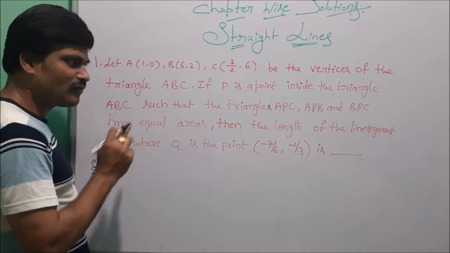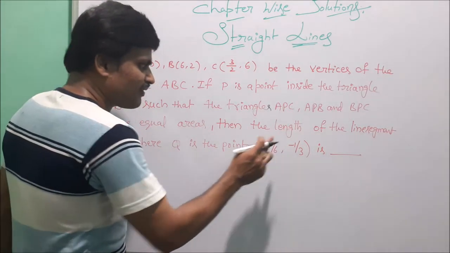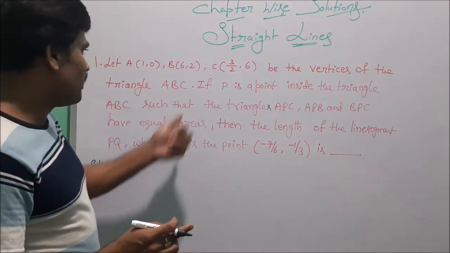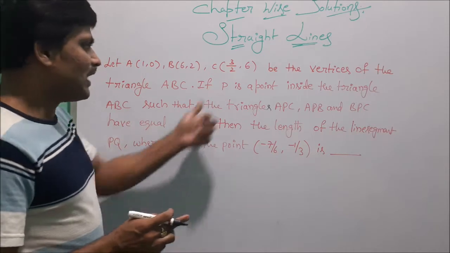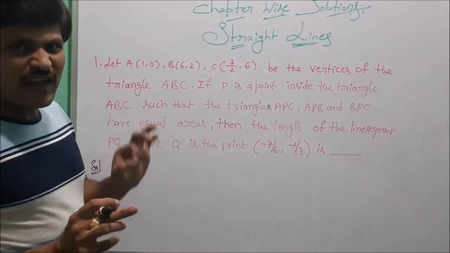Here Q point is (-7/6, -1/3). Now here we find the point P and find the length of PQ using the distance formula. So this is a very easy question.